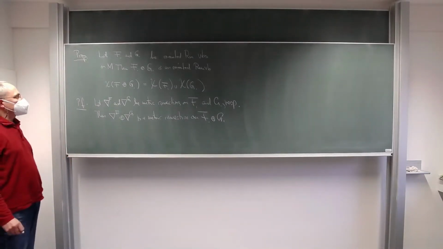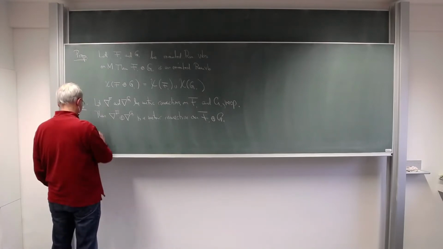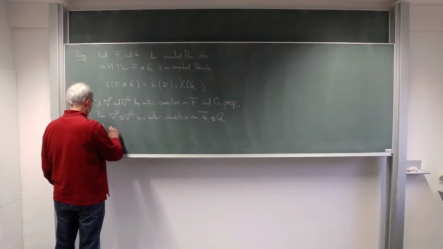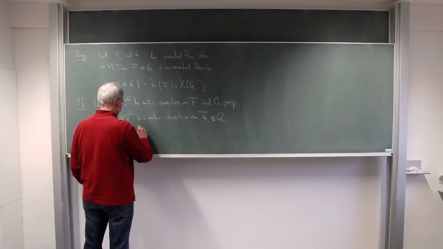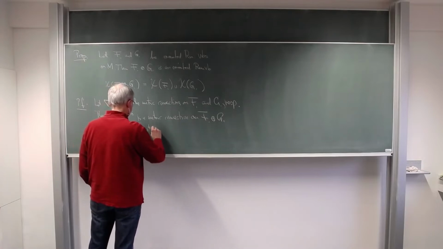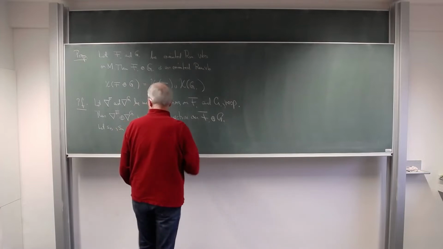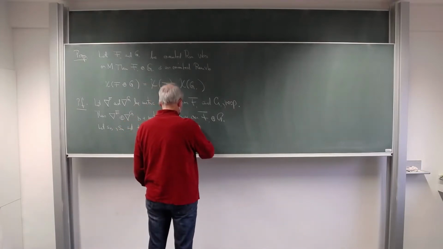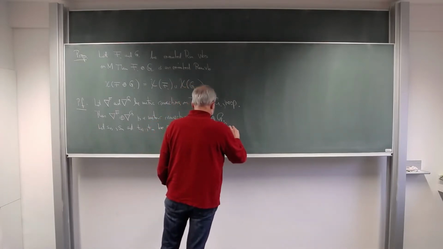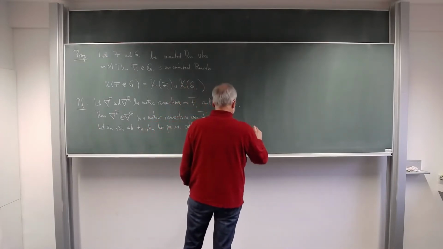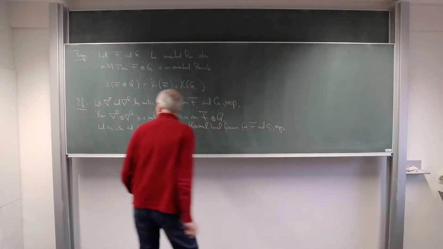And now, in order to write down the curvature matrix, we choose a local frame for F and for G. So let s_1 to s_n and t_1 to t_m be positively oriented orthonormal local frames for F and G respectively.